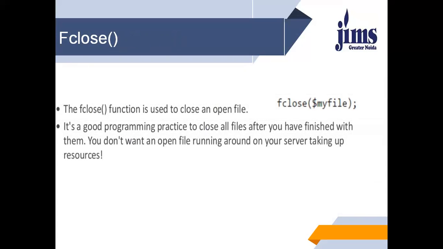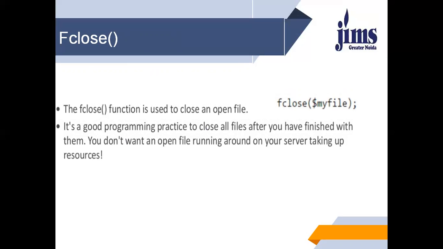Coming to fclose. The fclose function is used to close an open file. Once you have opened a file and finished your task, it is necessary to close that file. You don't want an open file running around on your server taking up resources.